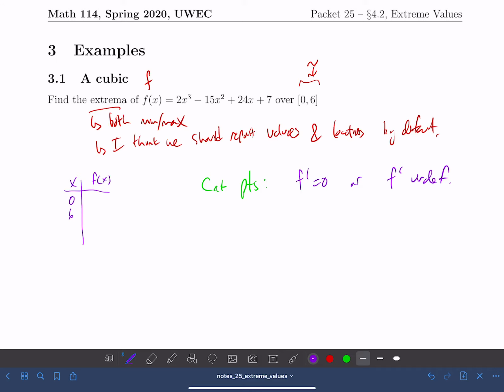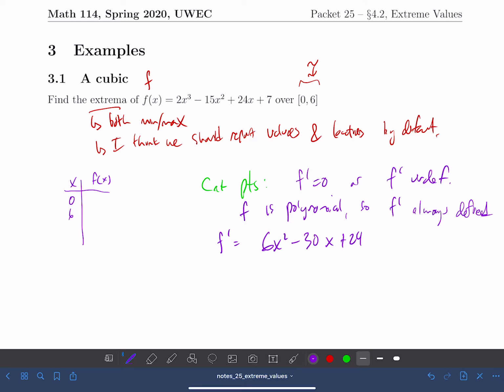In this case, we happen to have that f is polynomial, and so f prime is always defined. So when I take f prime, we're going to do a whole bunch of power rule with a constant product rule in these. 6x squared minus 30x plus 24.